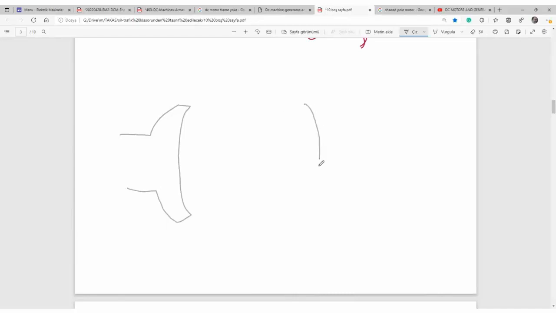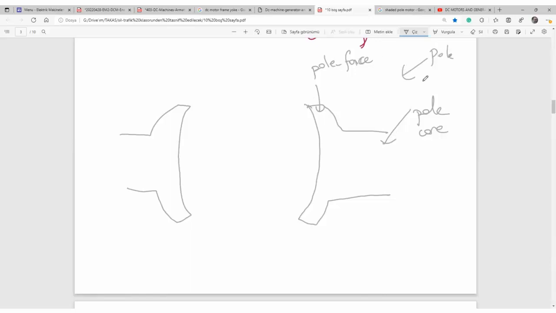Pole core. Pole face. Generally, we say totally it is pole, but pole is constructed by two parts. One is pole core, the other is pole face, and over the pole core here's a field coil.